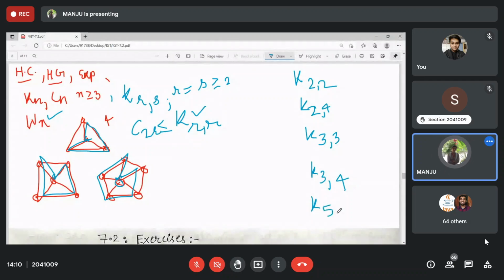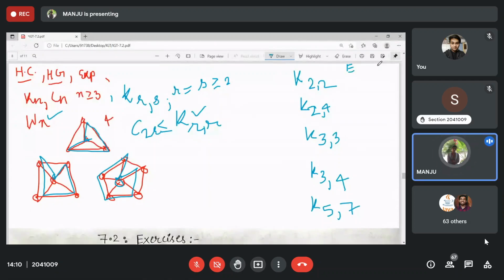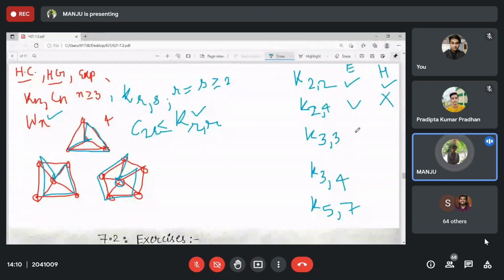Tell me Eulerian and Hamiltonian. Starting with this: both Eulerian and Hamiltonian. What about this one? Eulerian but non-Hamiltonian. Eulerian because all degrees are even.